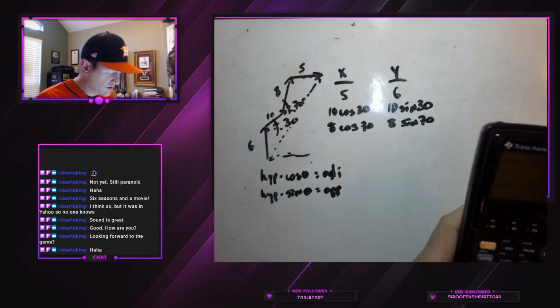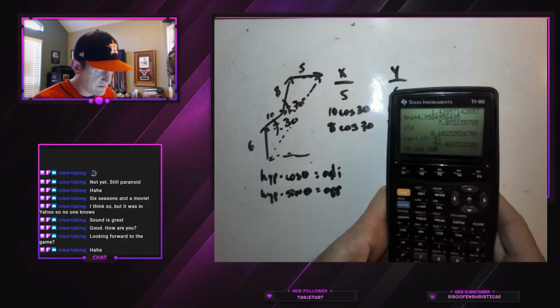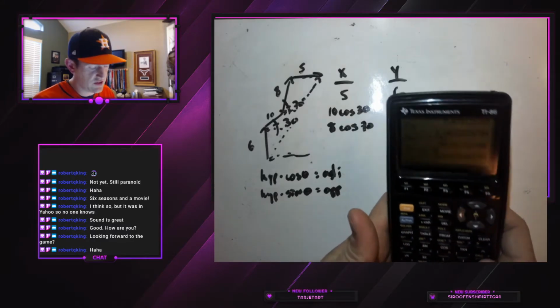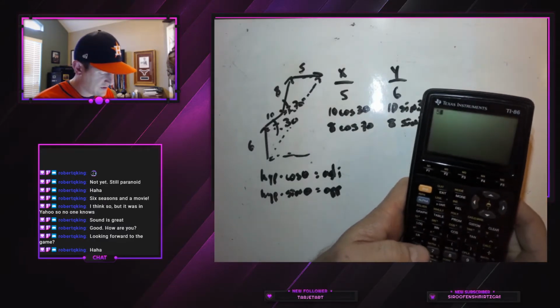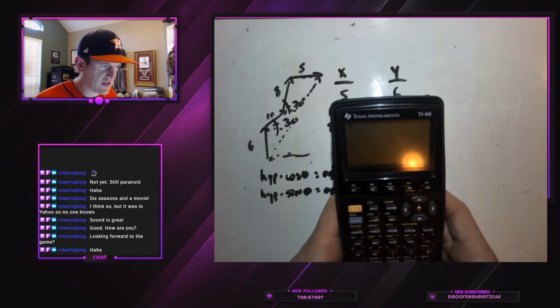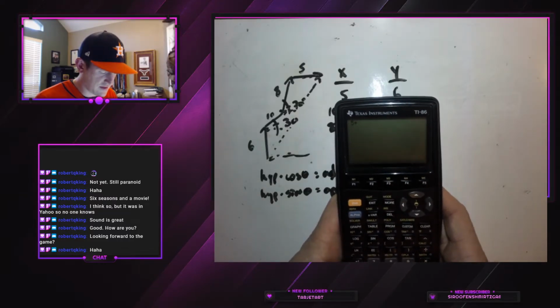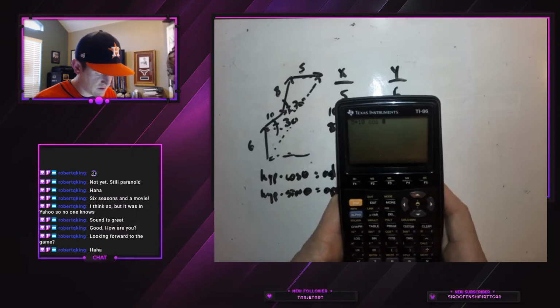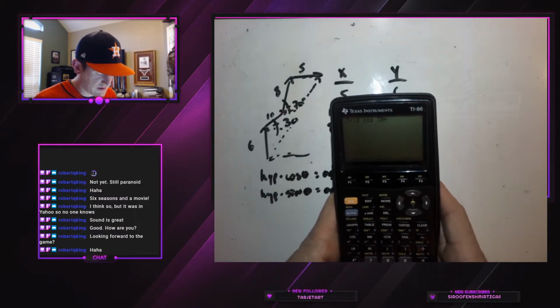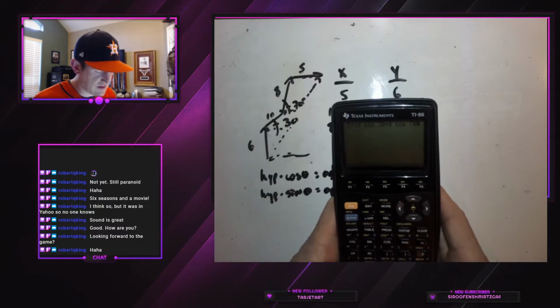Now, if you want to, you can go ahead and press enter in between each function and just add them up. But what I'm going to do is do it all in one long text string. So 5 plus 10 times the cosine of 30 plus 8 times the cosine of 70.